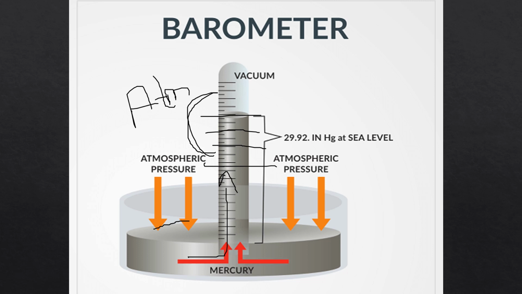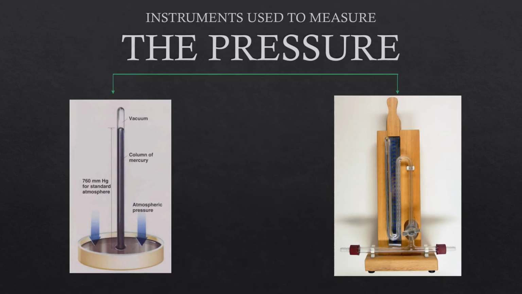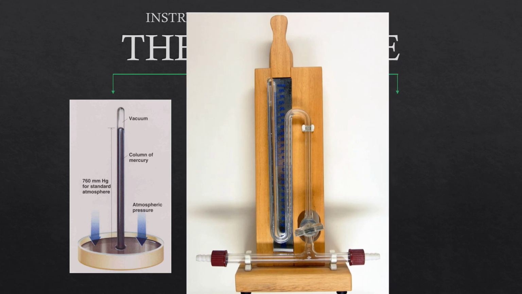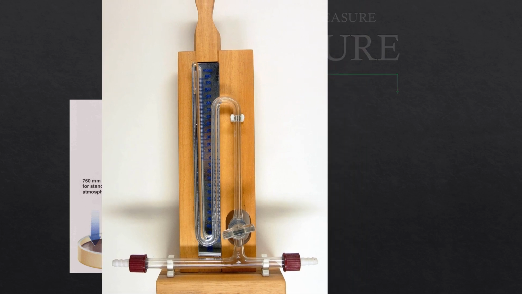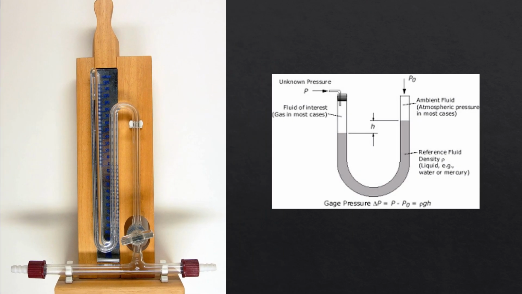There's another instrument to measure the atmospheric pressure, and that instrument is called manometer. So basically manometer is a bit complex to be studied. So let's study that. First of all, in manometer there is also the Hg, mercury, used, but in a different way.